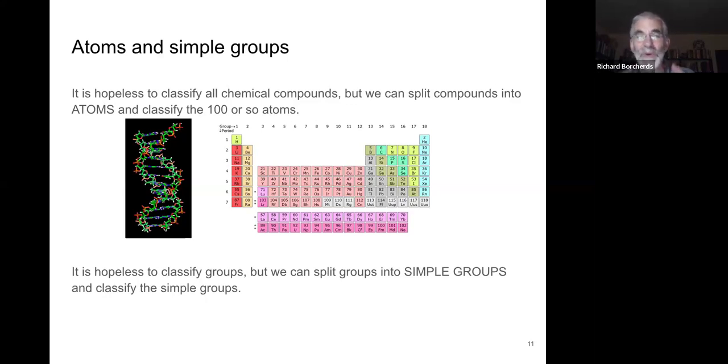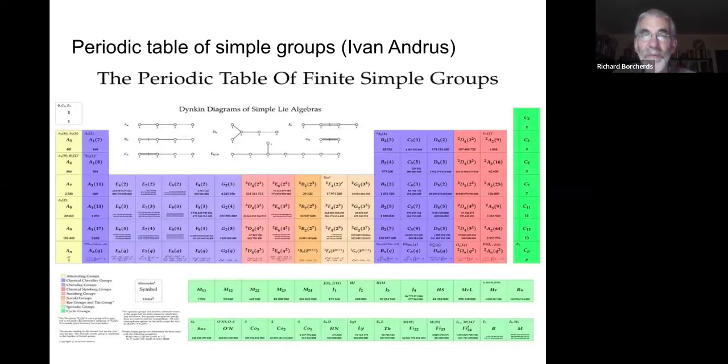And we can do the same with groups. We can split all the groups into groups that can't be split up any further. And these aren't called atoms, they're called simple groups. This is really bad terminology, because the simple groups are not simple at all, but whatever, we're stuck with it. So here is a sort of picture of all simple groups.